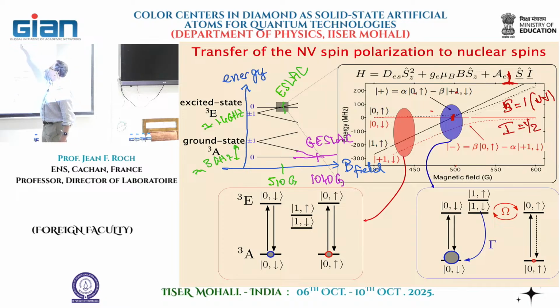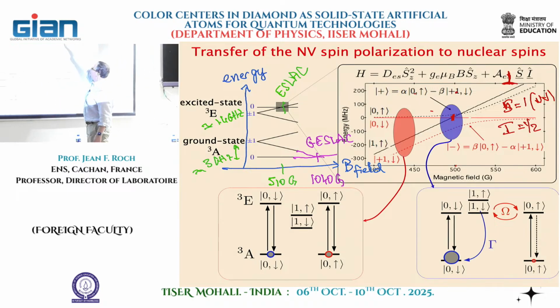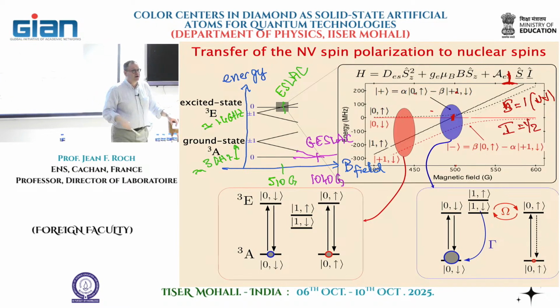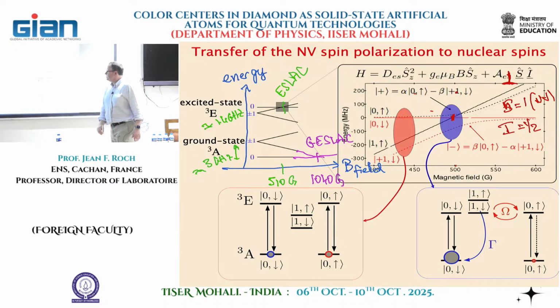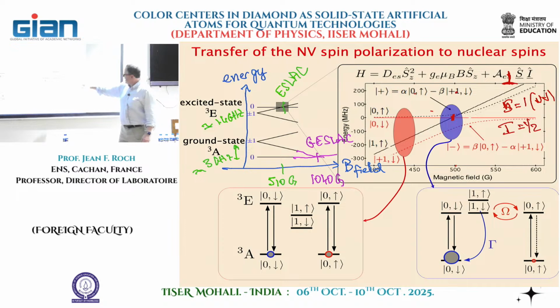In this situation, there can now be a flip-flop exchange. This flip-flop can turn 0 into 1 due to the interaction that I have here, like this radio oscillation as before, and at the same time it will flip the nuclear spin. Okay? And now I am here.